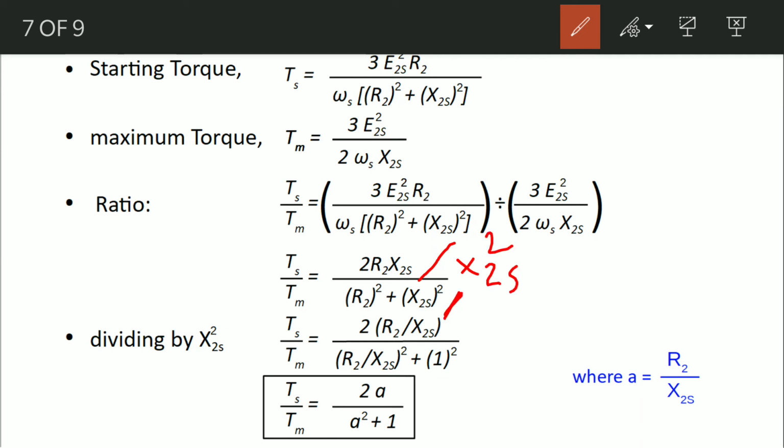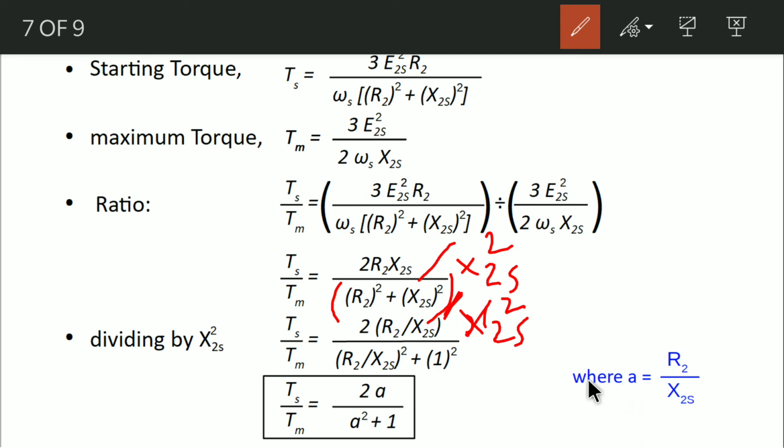Dividing the numerator by X2s square, it will become R2 over X2s, and dividing the denominator by X2s square, it is (R2 over X2s) square plus 1.